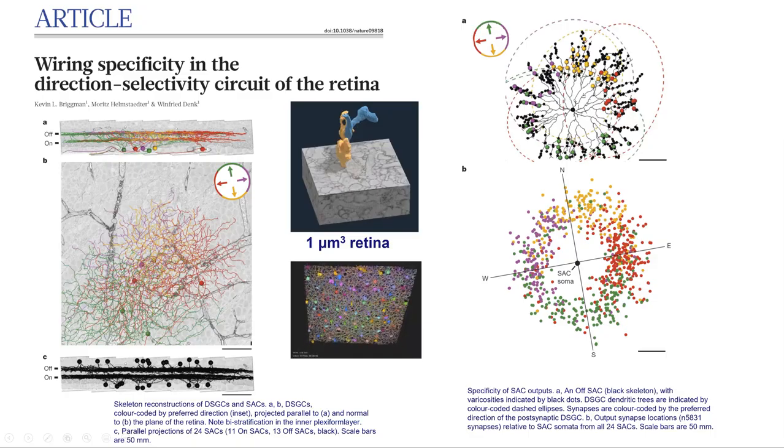If we look at even more detail, we can look at 1 cubic micron of retina, and this is a very nice new technique where you have a small block and you cut layer by layer and you take an electron microscope and then see what's in there. And this, for example, is a study where people have measured the stellate amacrine cells.